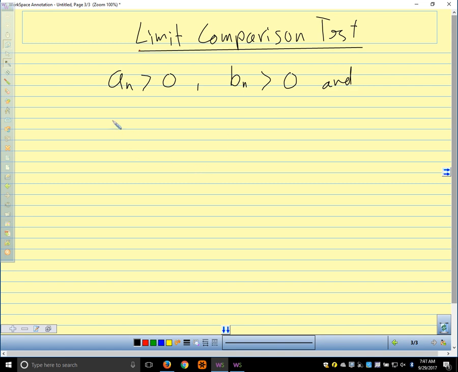And this is nice because we just look at the limit as n approaches infinity of a sub n over b sub n.